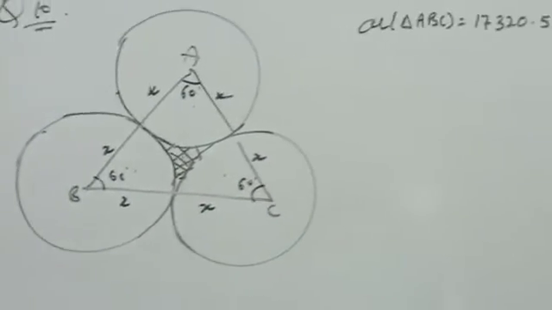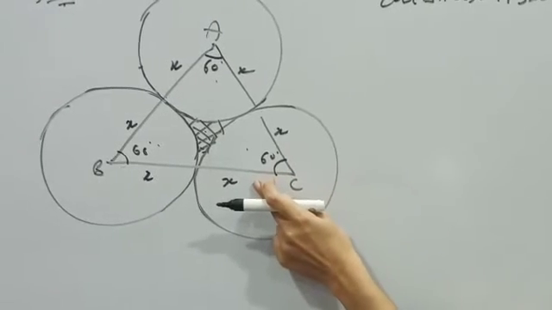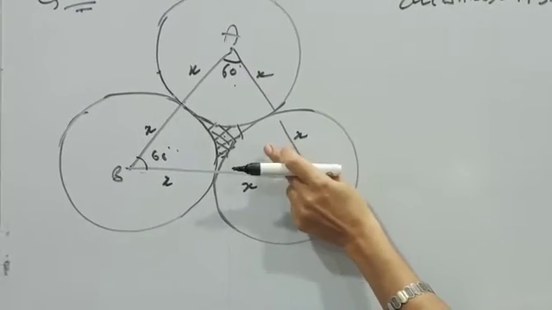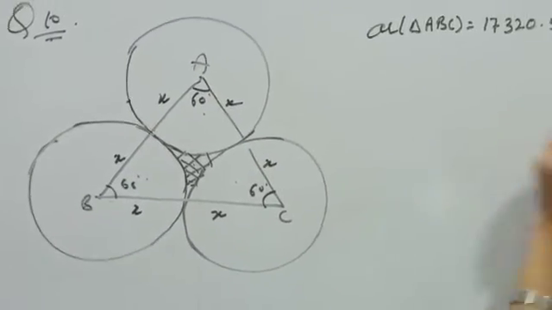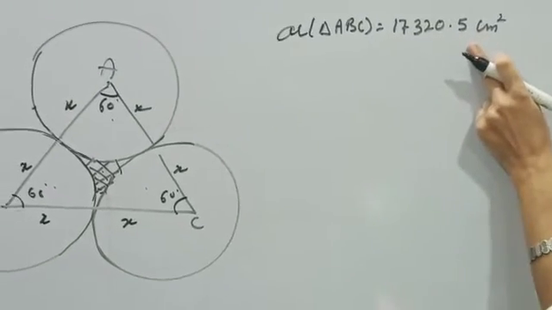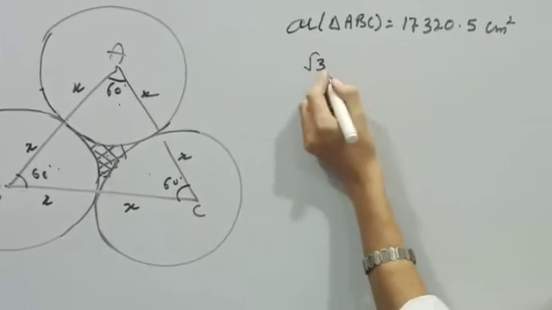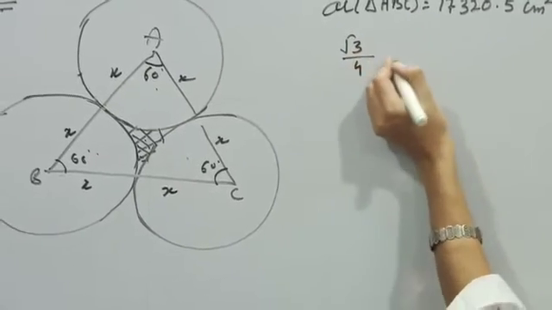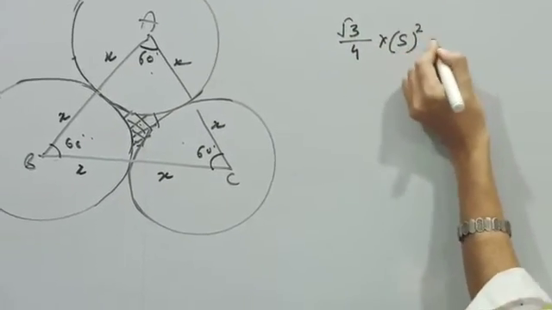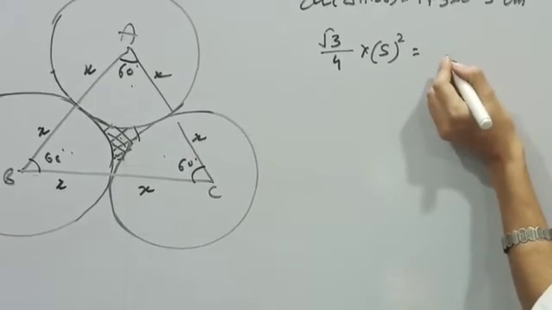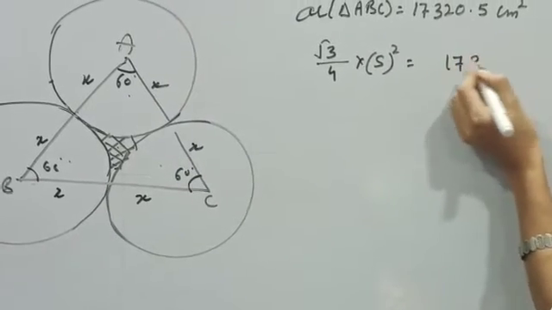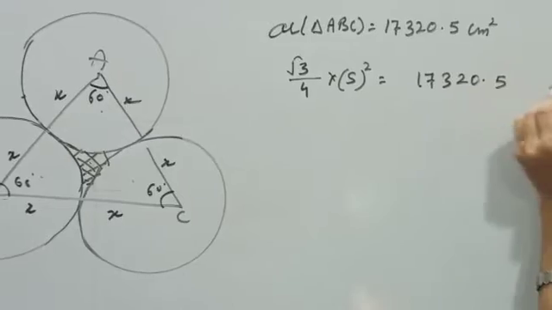Okay, so firstly we will find out the radius of the circle to find out the area of the sector. As area of equilateral triangle we have given already, we know that area of equilateral triangle is root 3 by 4 into side square, which is equal to 17320.5.